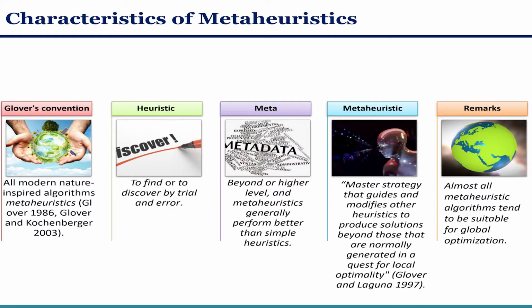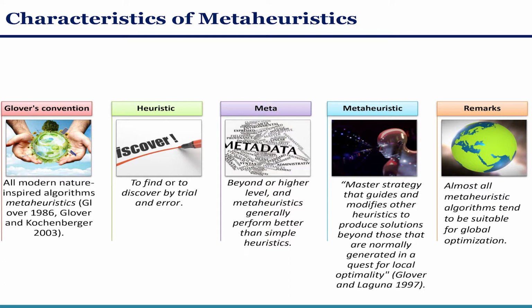Heuristic means to find or discover by trial and error, and meta means beyond or higher level, so metaheuristics generally perform better than simple heuristic algorithms.